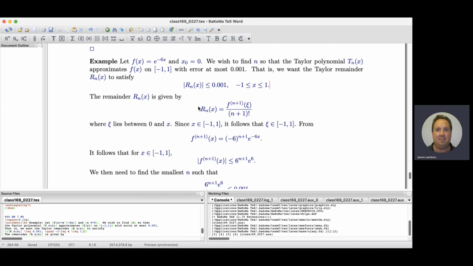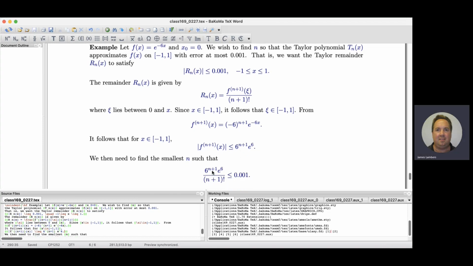Now, if I take the n plus first derivative of my function, I can have -6 raised to that same power, n plus 1, times e to the -6x. So how large can this get when x is between -1 and 1? Well, to make this as large as possible, I want this exponent to be as positive as possible. So that would mean setting x equal to -1, thus giving me e to the 6. And then this in absolute value is 6 raised to the n plus 1.